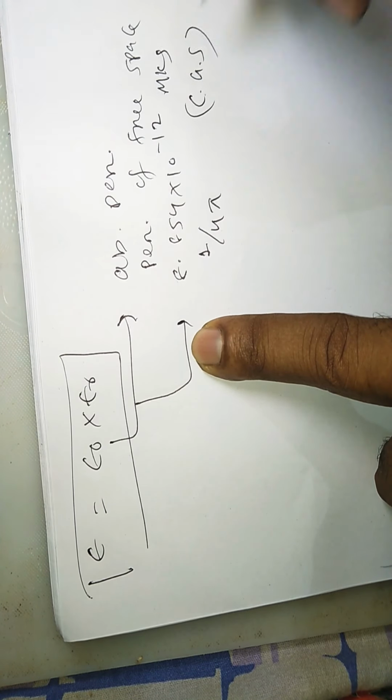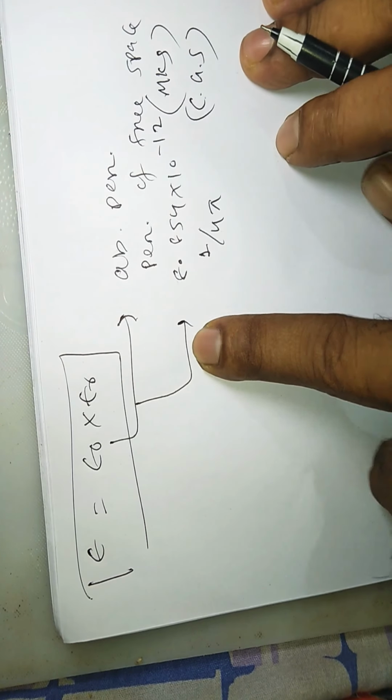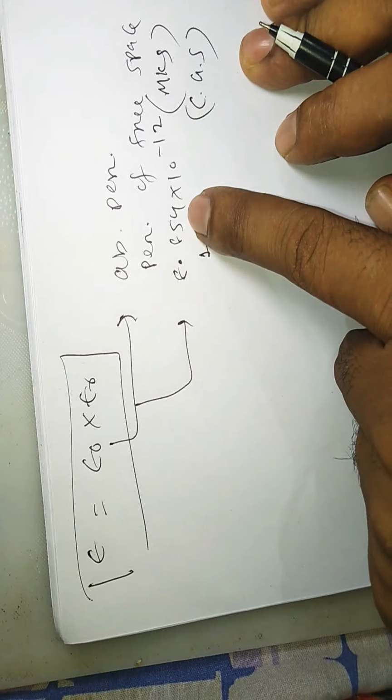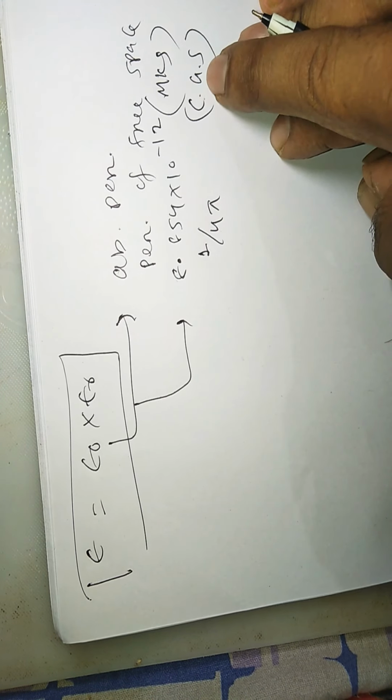Note that it has two values: 8.854 10 to the power minus 12 in MKS unit, and 1 by 4 pi in CGS unit.